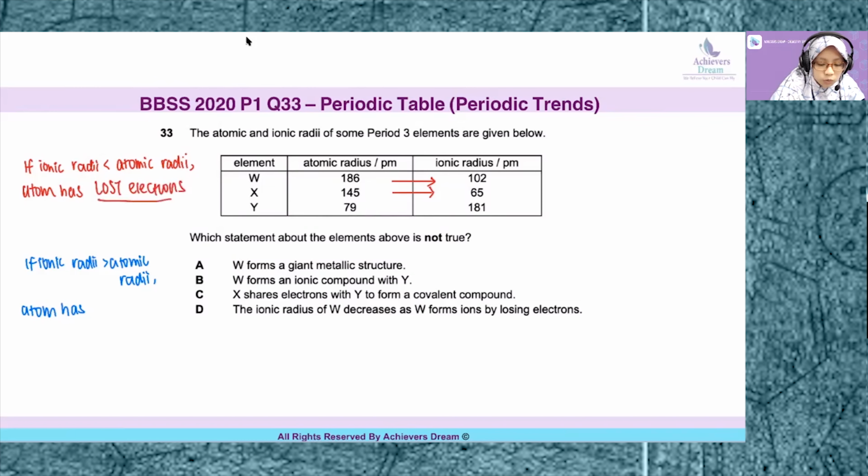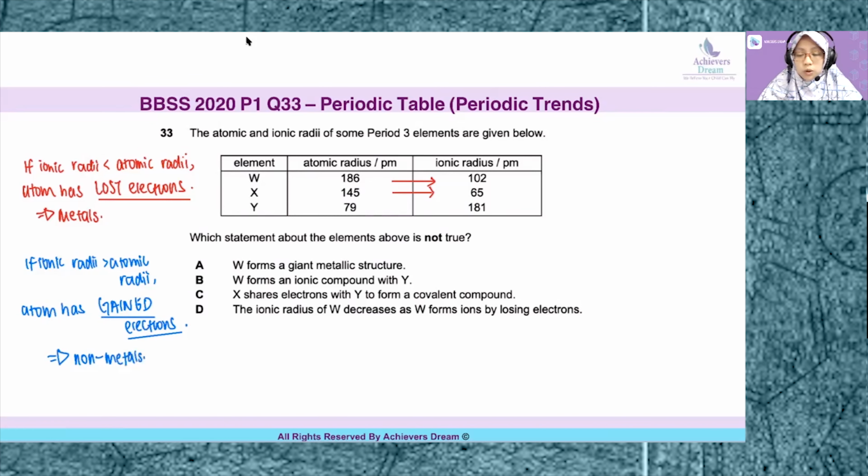Between metals and non-metals, the substances that have a tendency to lose electrons are metals. If the ionic radius is larger than the initial atomic radius, this means that the atom has gained electrons. Between metals and non-metals, the substance that will gain electrons will be the non-metals.